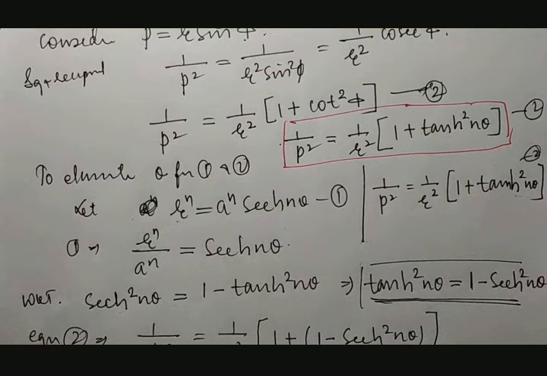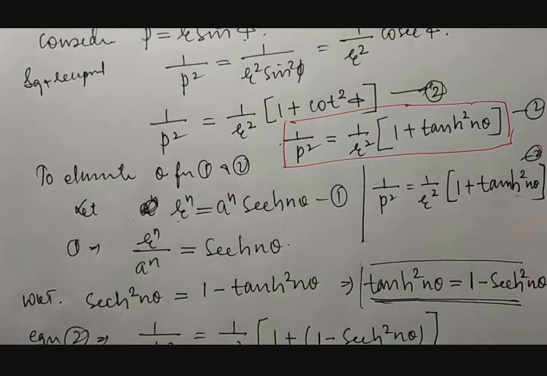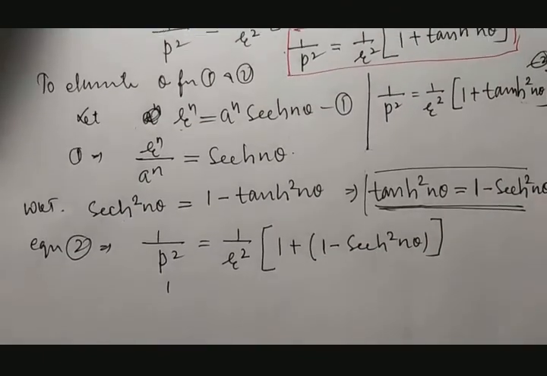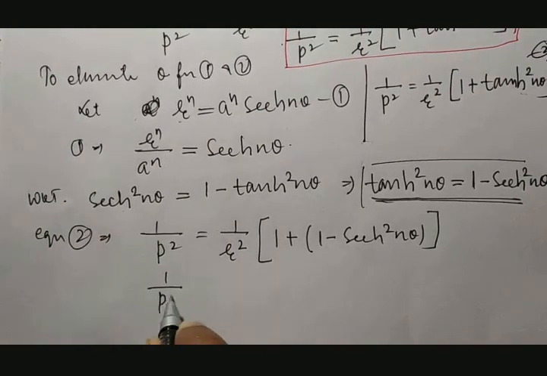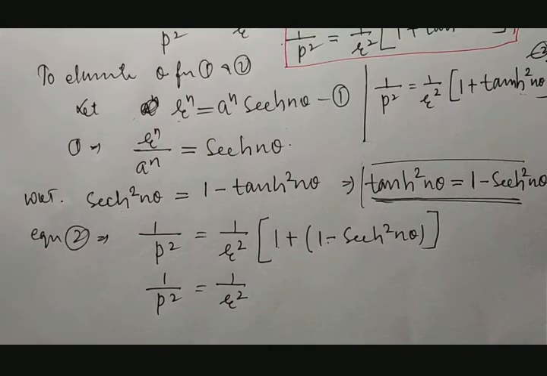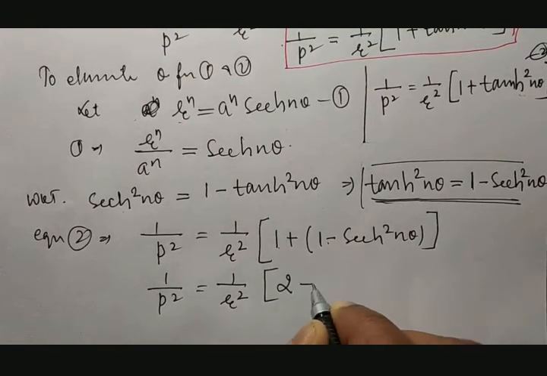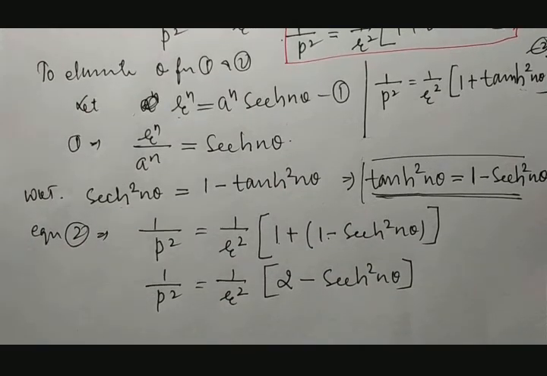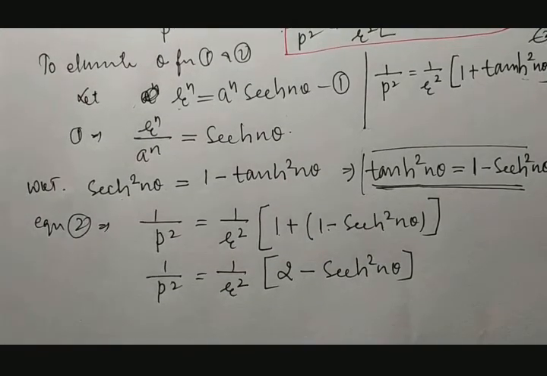Therefore, 1 divided by p square is equal to 1 divided by r square into 1 plus 1, that is 2, minus sech square n theta.